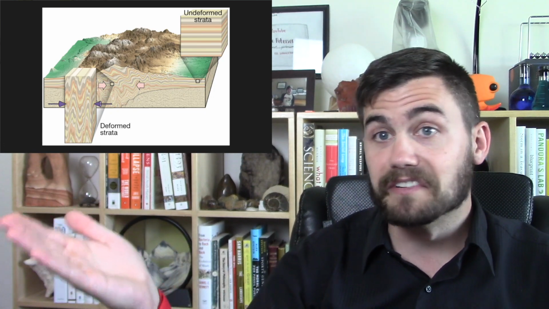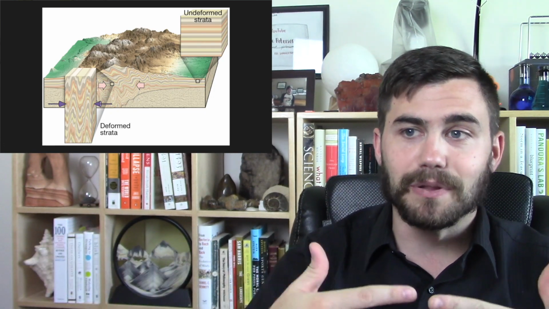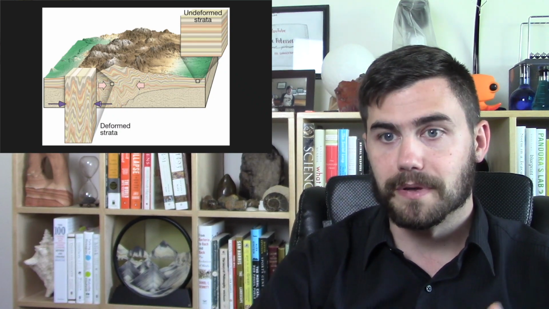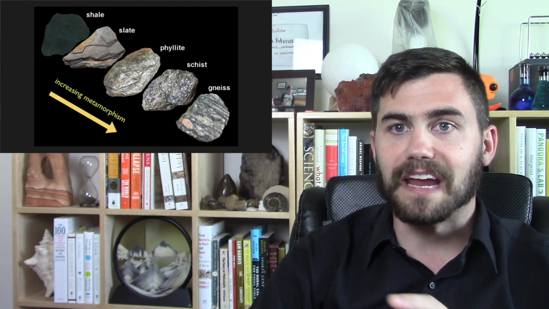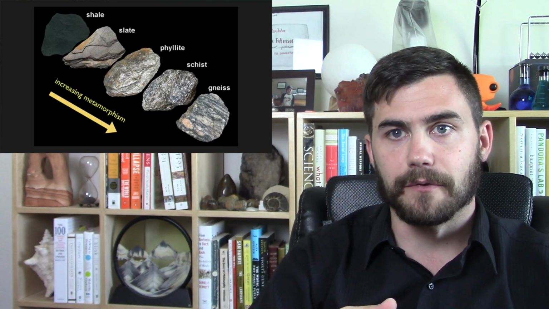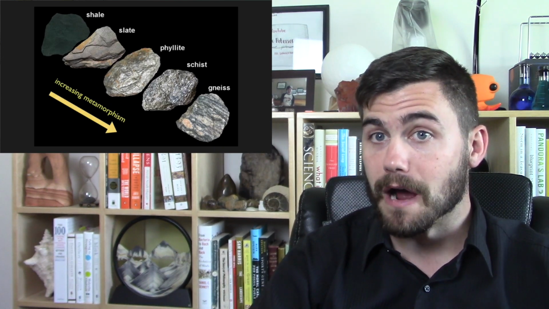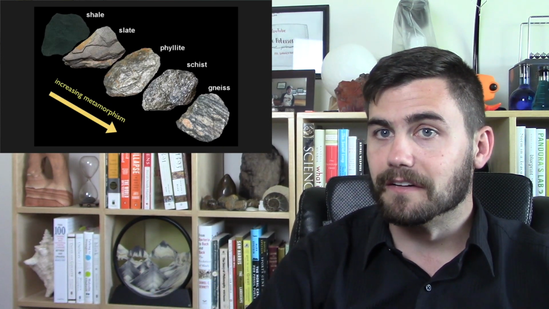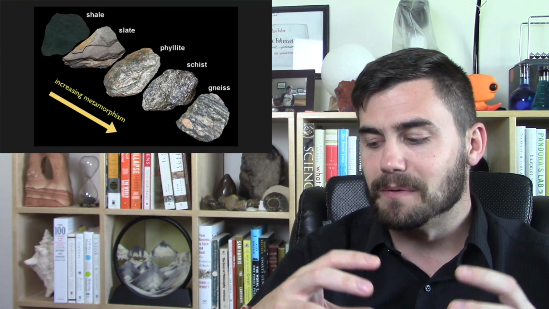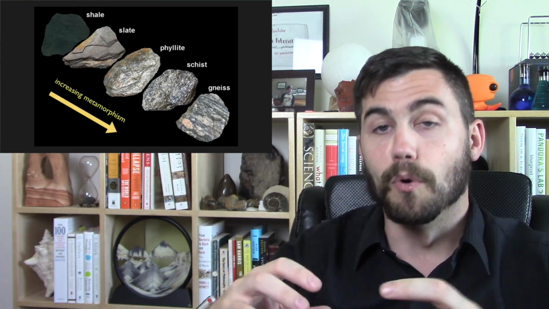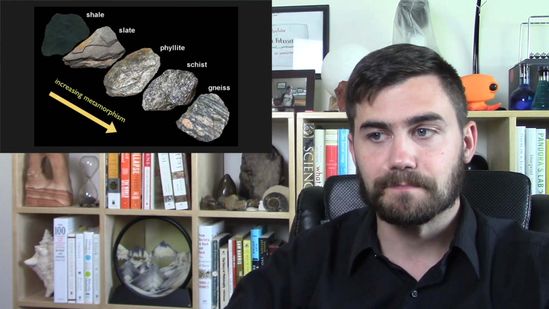We have the undeformed strata, the original sedimentary layers, and plate tectonics has caused them to warp significantly. Here's the shale, the original sedimentary rock on the top left, and all these other four rocks are different kinds of metamorphic rock. They've been metamorphosized more intensely, basically, with increased temperature, pressure, and time.